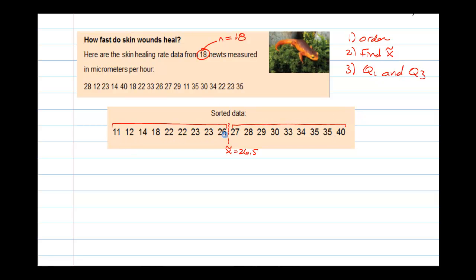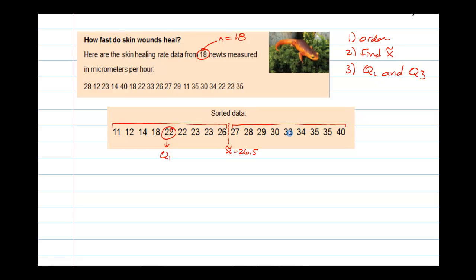So now I have an odd number of data points. I have 1, 2, 3, 4, 5, 6, 7, 8, 9. So the median of the lower half will be the 5th data point in from either side. So this is Q1, or my 25th percentile.